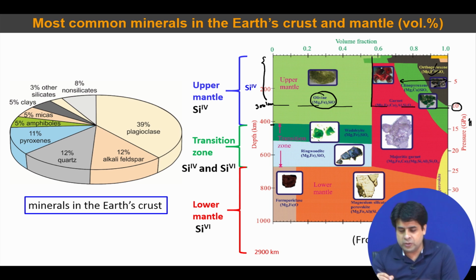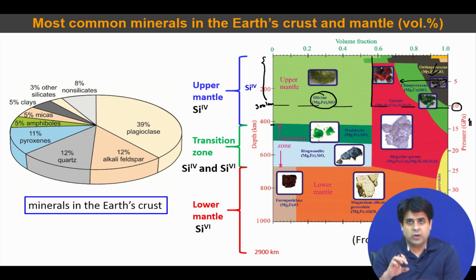Orthopyroxene is indicated by this dark brown color, and the next green band defines the stability and proportion of clinopyroxene in the Earth's mantle. When you cross 300 kilometers, orthopyroxene is no longer stable.